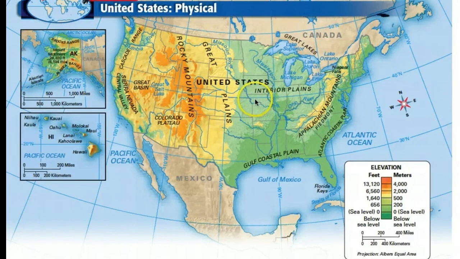West of the interior plains, the land gradually rises towards the Rocky Mountains. These grasslands are called the Great Plains. West of the Great Plains is the enormous mountain range called the Rocky Mountains. They are very rugged and steep and rise up to 14,000 feet. West of that are the Great Salt Lake and the Great Basin.